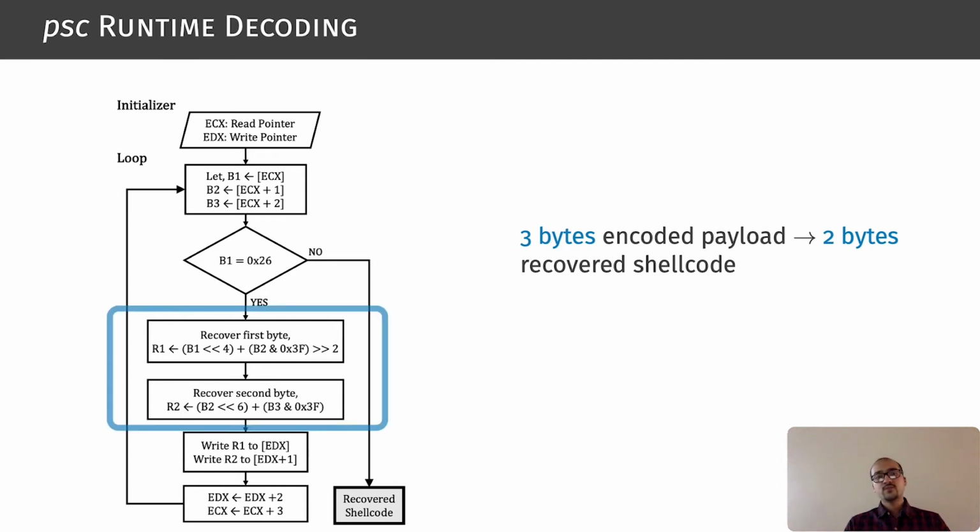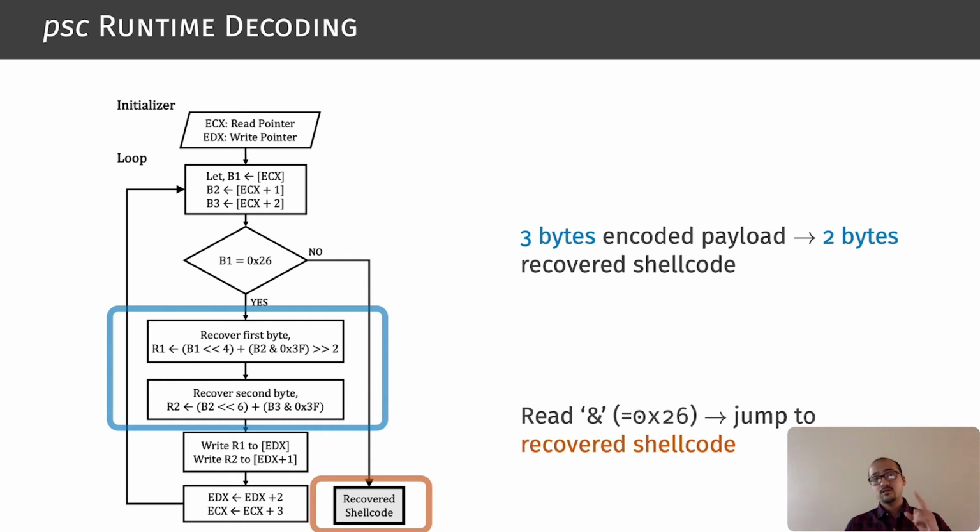The highlighted portion shows the bitwise operations that we perform on B1, B2, and B3. These bitwise operations are performed inside a small loop that iterates over every 3 bytes of the encoded payload and overwrites them with 2 bytes of the recovered shellcode.